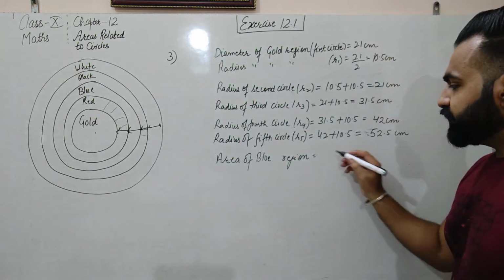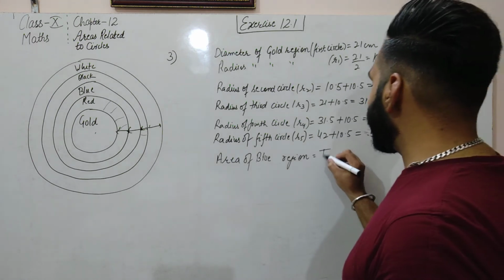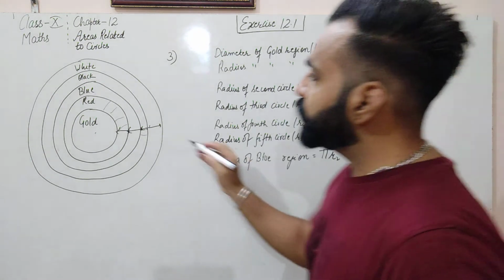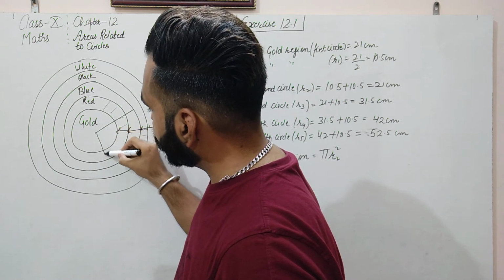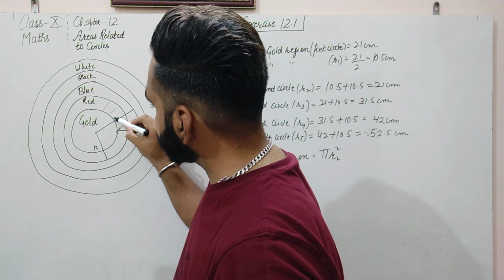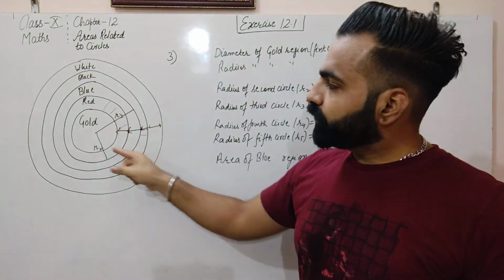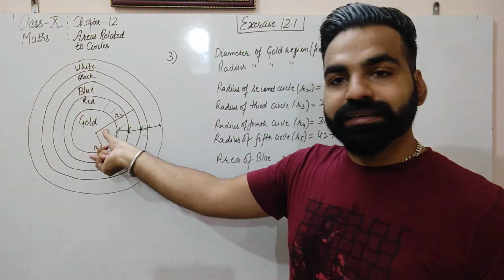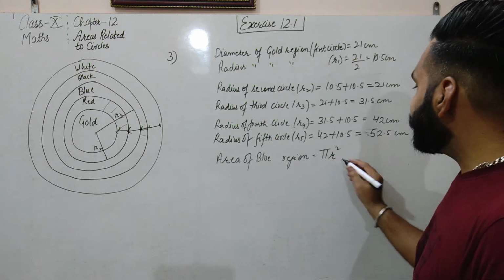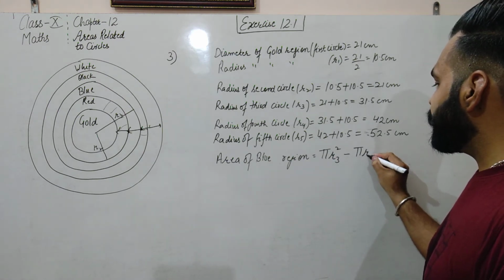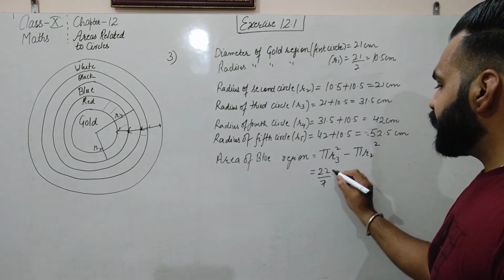So area of blue region will be area of the third circle minus area of the second circle. That means pi r2 square from here to this part. This is r2, and from here this is r3 and this is r2. So we will find the area from this radius minus area by finding by r2. So this will be pi r3 square minus pi r2 square. So putting the values here, 22 by 7, what is r3?